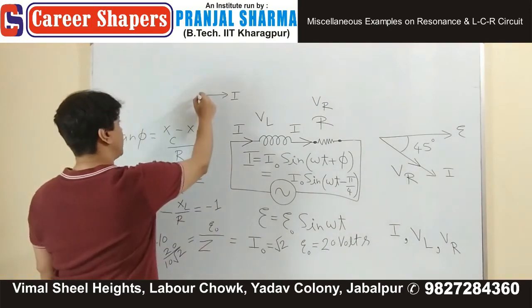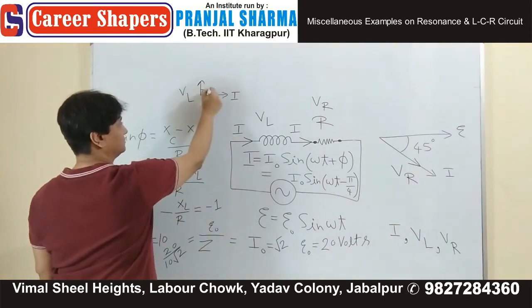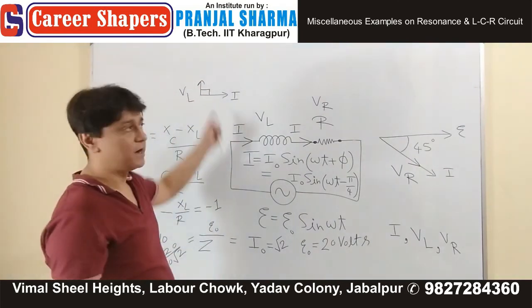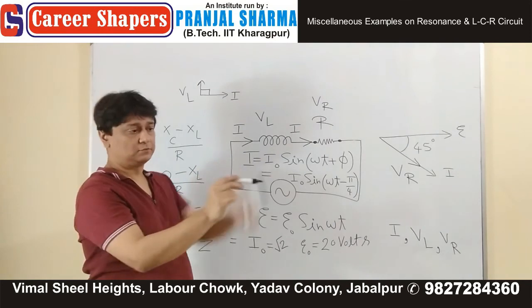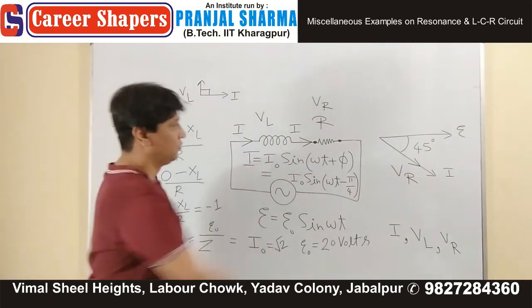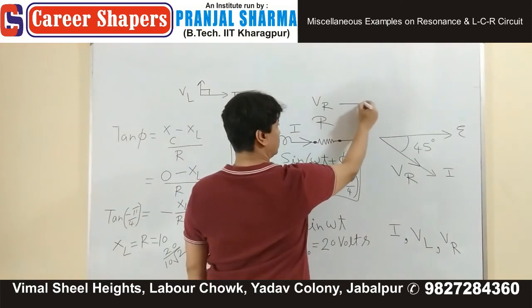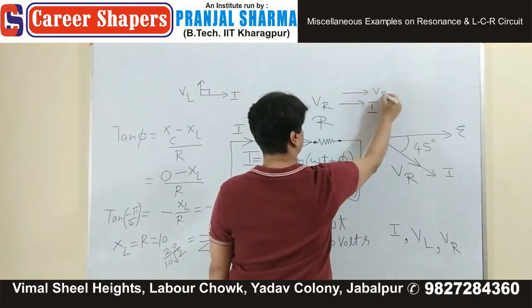If it lags behind that, this will be your VL, 90 degrees ahead. If this is I, then this is VL. For VR, this is I, this is VR.